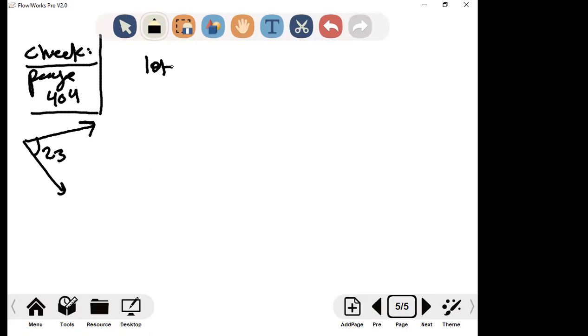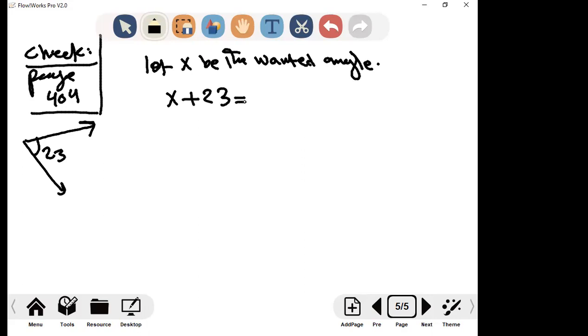Write the steps. Let x be the wanted angle. x plus the given angle 23 should be equal to 90 degrees, right? Why?